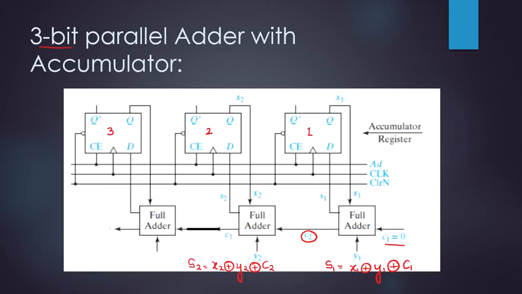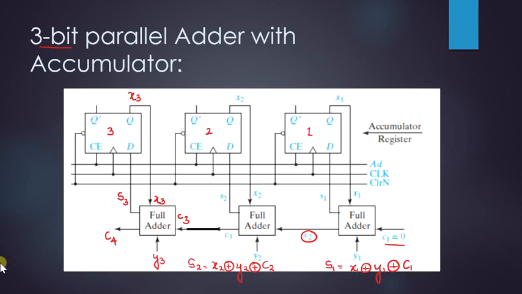In the case of the third cell, you have X3 provided as an input, you have Y3, then you have the carry C3 provided as an input. The sum is represented as S3, and the carry output will be represented as C4.